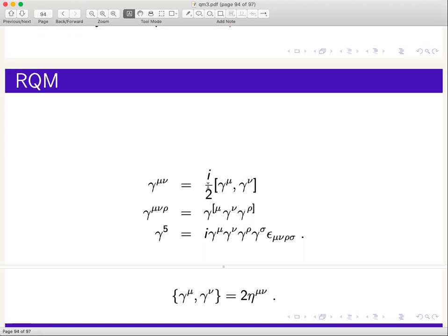The factor of i is used to ensure that gamma mu nu is Hermitian. Well, I shouldn't say it is always Hermitian, but if you look at specific components, where either mu or nu is 0, of course both cannot be 0, then it is Hermitian.